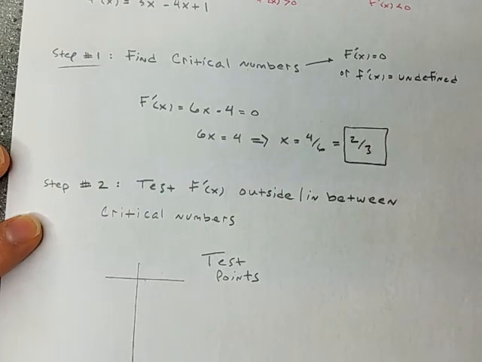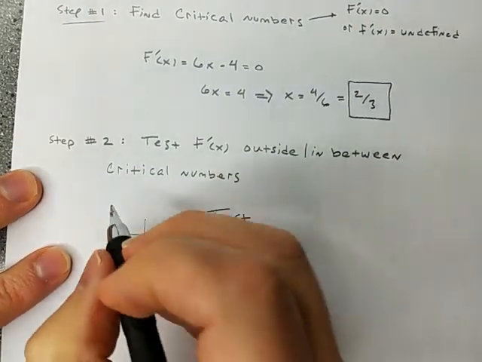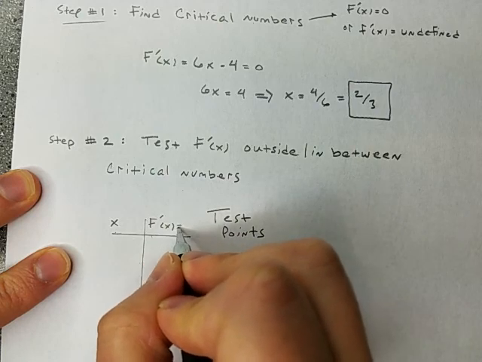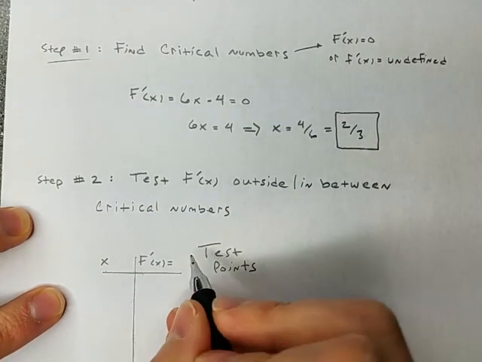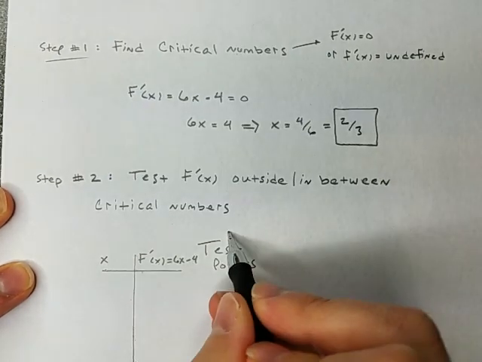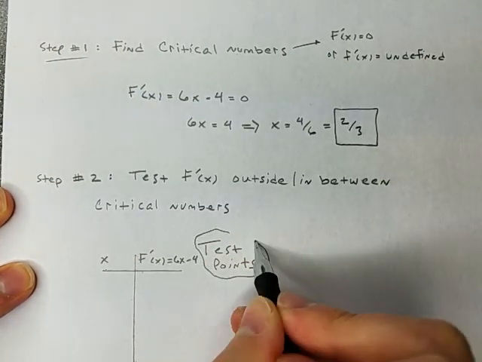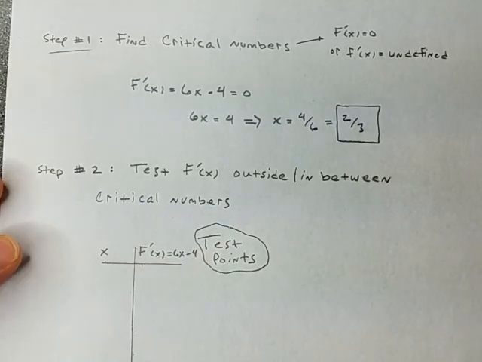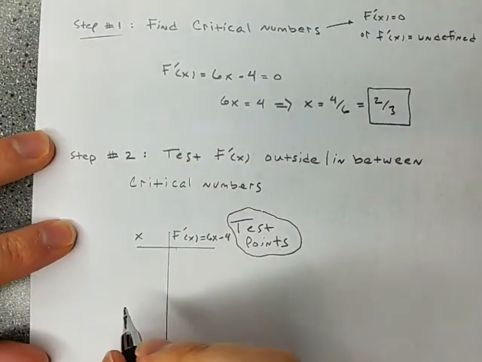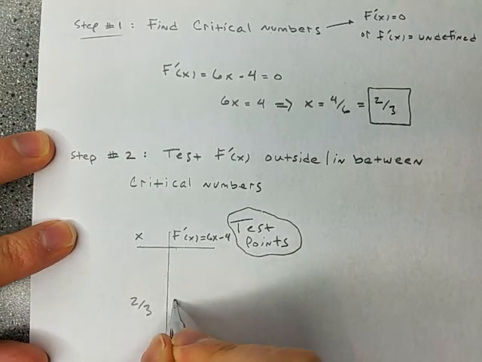All right? So the test points are going to be for the derivative. Derivative being 6x minus 4. So that's what I'm testing. I kind of ran together, but I'm testing the derivative. Now I already know that at 2/3, the derivative is 0.